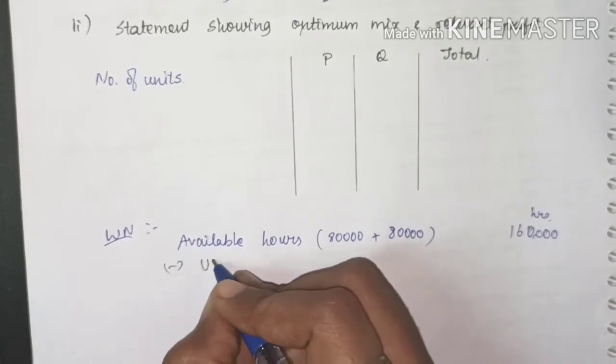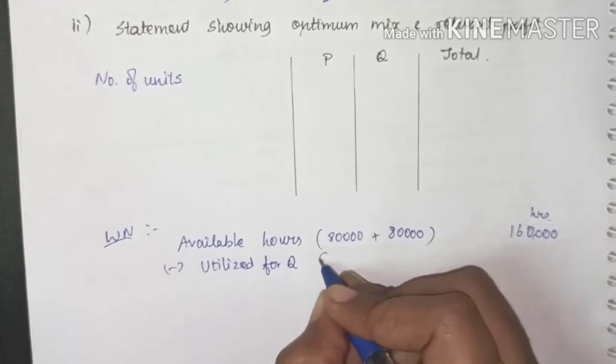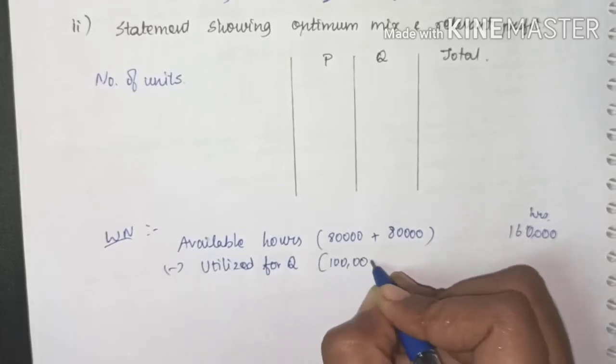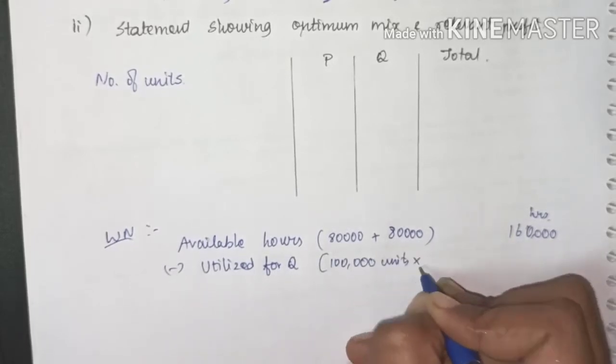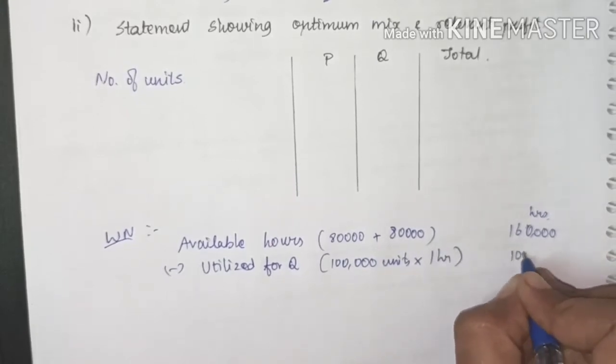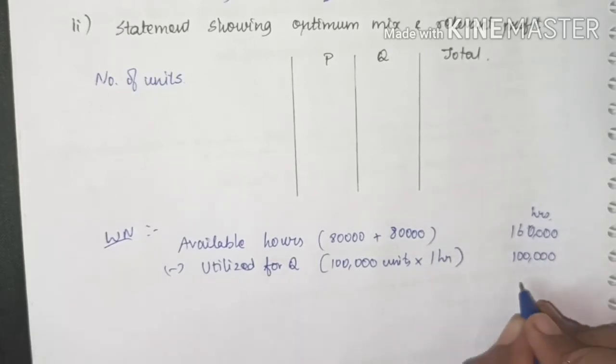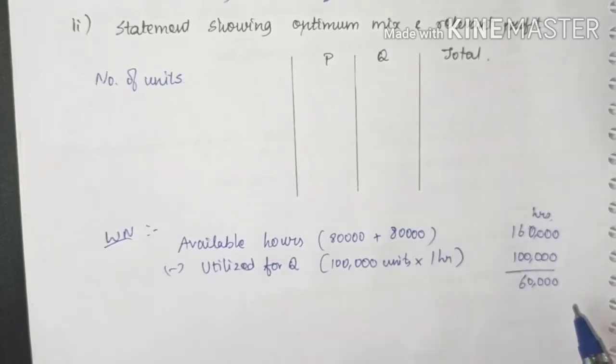Next one is hours utilized for Q. 1 lakh units into 1 hour. It is 1 lakh hours. Subtract that, 60,000 hours is available for P.